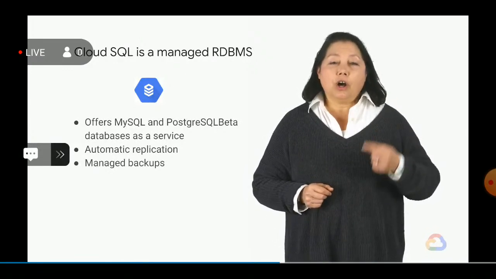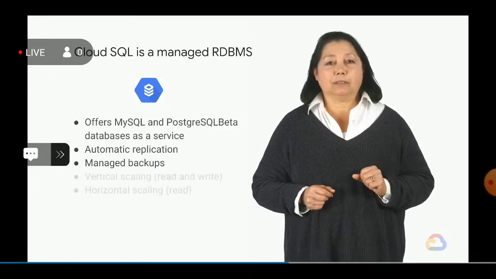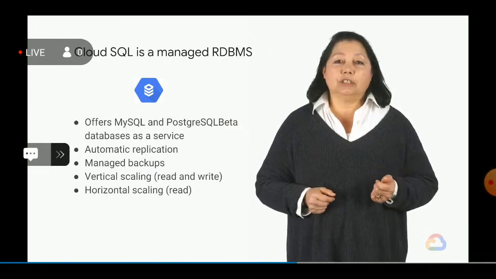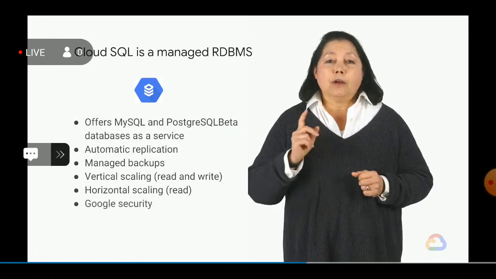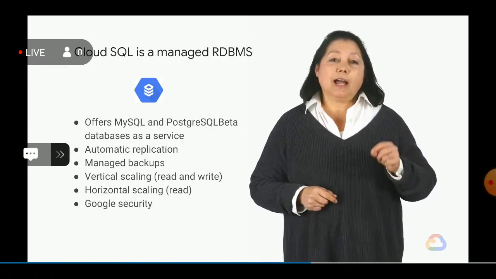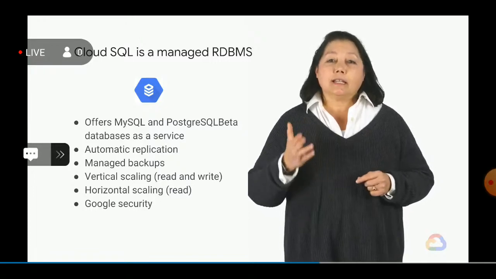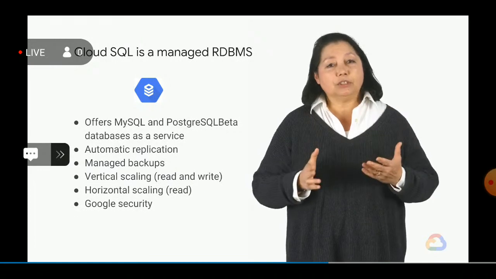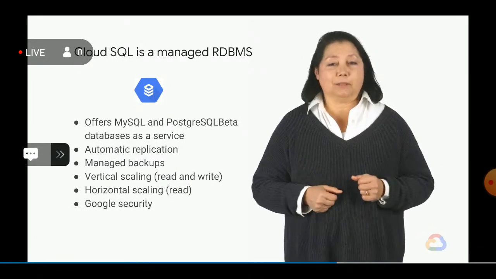Cloud SQL also helps you back up your data with either on-demand or scheduled backups. It can also scale both vertically by changing the machine type and horizontally via read replicas. From a security perspective, Cloud SQL instances include network firewalls, and customer data is encrypted when on Google's internal networks and when stored in database tables, temporary files, and backups.